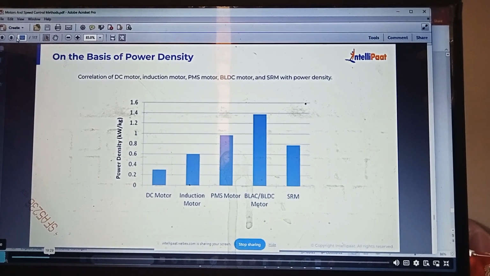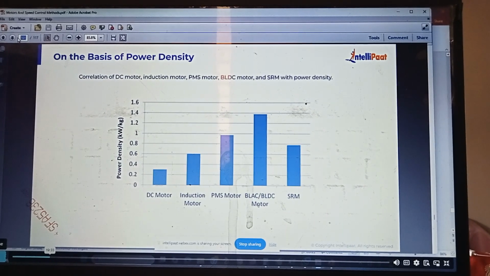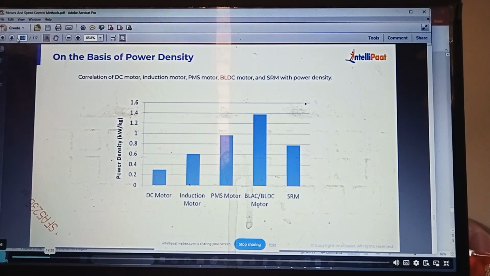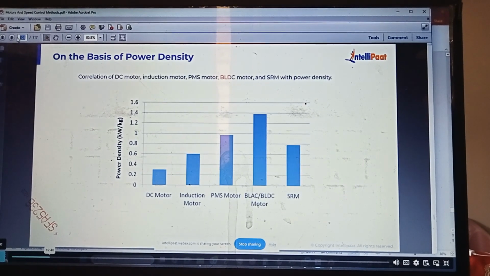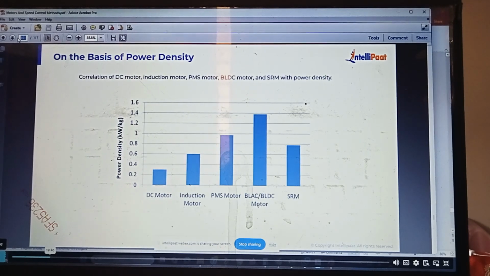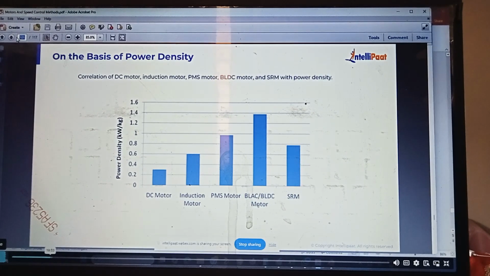So one of the traditional motors that we begin learning electrical machines with is the DC motor. In DC motor, we have several categories: DC series motor, DC shunt motor, separately excited DC machine, right? Earlier days in the traction drive, that means for the electric trains, people used to prefer DC series motor.